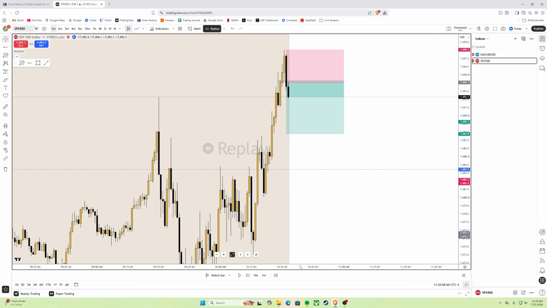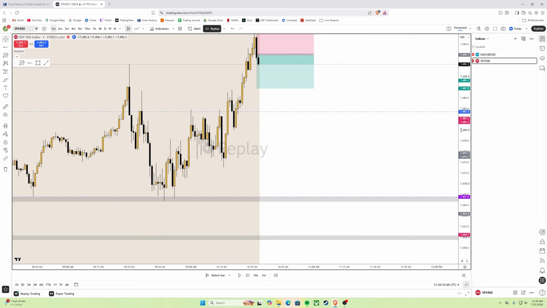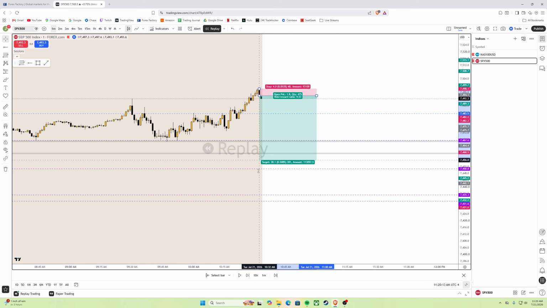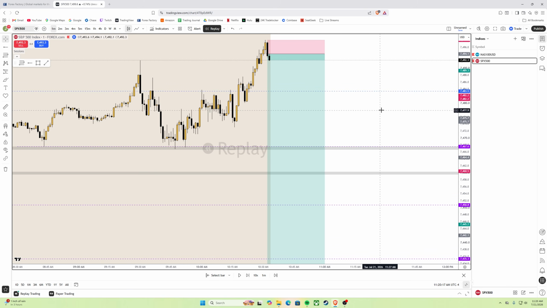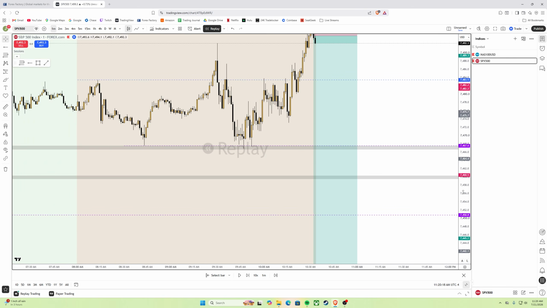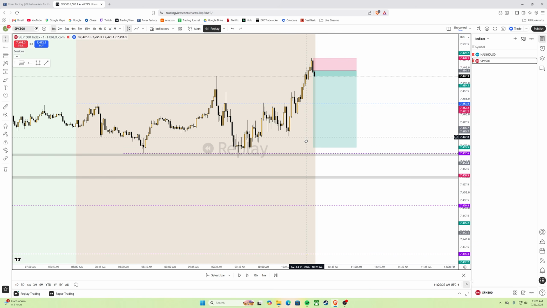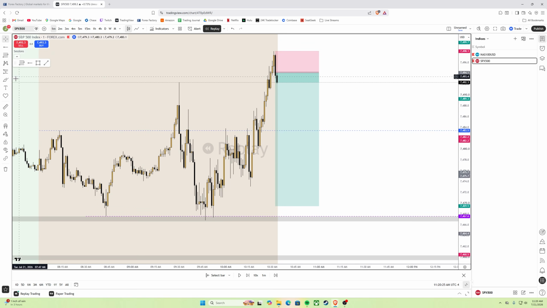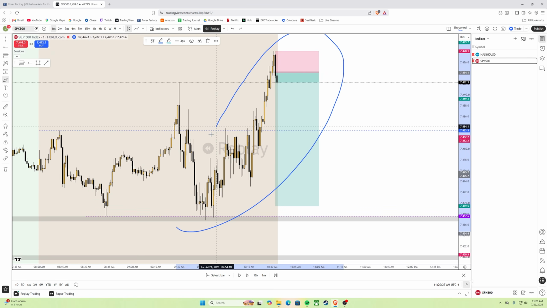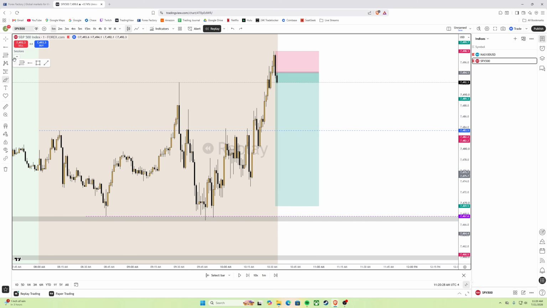So because now I'm taking a re-entry, of course, you can have your final target to be all the way down here, and that's what I did to potentially swing it. However, because this is a re-entry and I'm not necessarily expecting price to do all of that, I had many of my targets on this price leg because this is the new price leg that price formed. So this is the new low of the session, right?